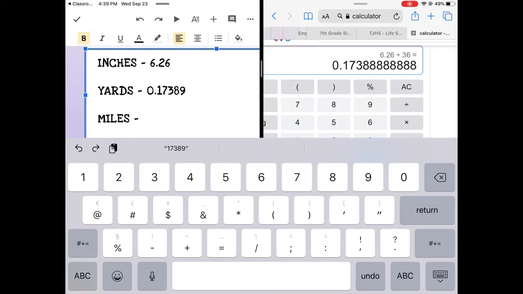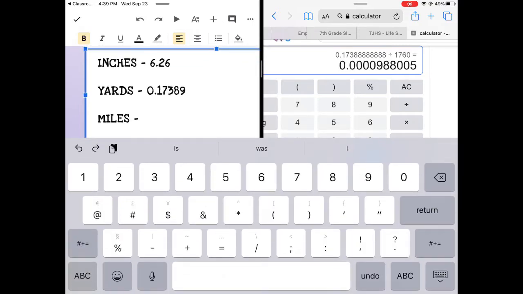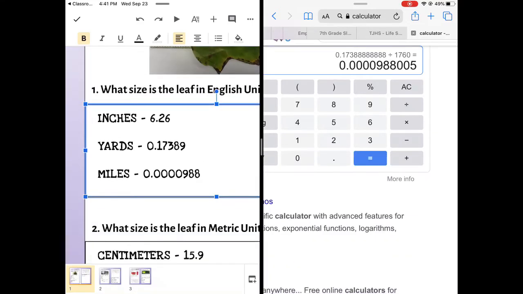I'm going to take this number and divide it by 1,760 yards per mile to find the number of miles. And so it's a big, tiny number, 0.0000988 miles. So 6.26 inches is 0.0000988 miles. That's a ridiculous way to measure things.